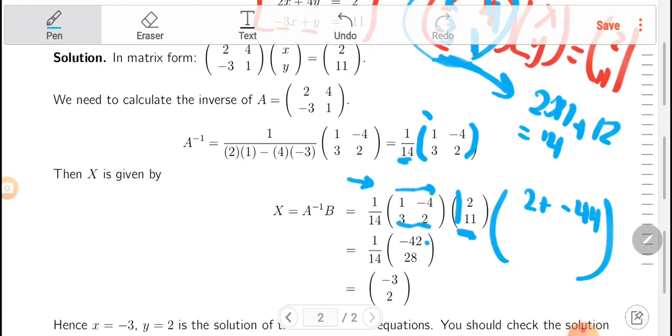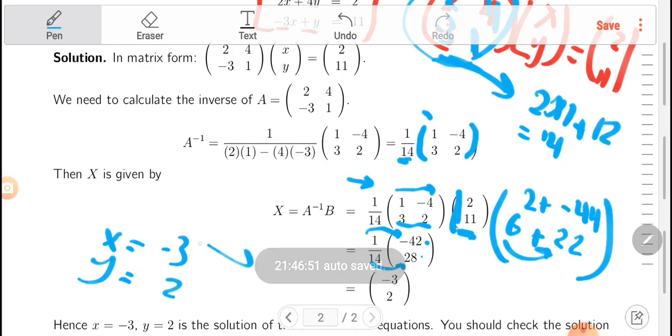Then 3 by 2, 6, plus 2 by 11, 22. So it becomes 28. Now distribute 1 over 14 here, which becomes negative 3. 1 over 14 times 28 becomes 2. It means x equals negative 3 and y equals 2, and we have finished our work. Thanks for listening. Assalamu alaikum.